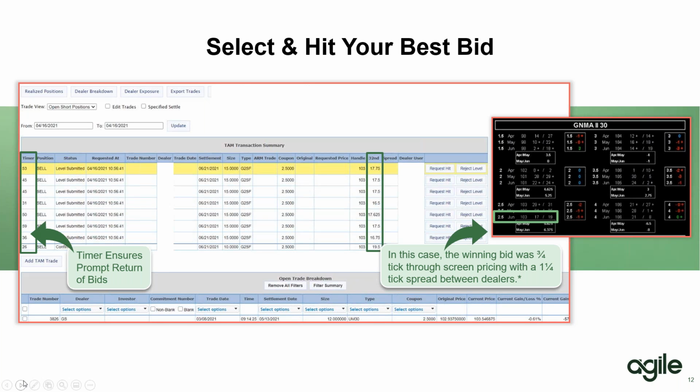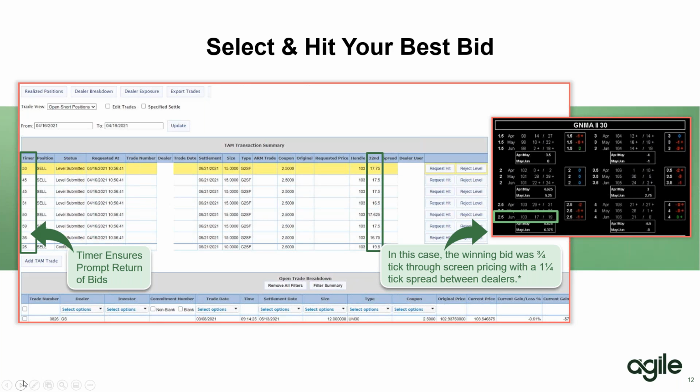Very simple. Although it's not shown here, the system automatically highlights the highest price because most of the time that's what you're looking to execute to. Some of the functionality we have includes a timer for the broker dealer, which ensures you have a prompt return time for bids.